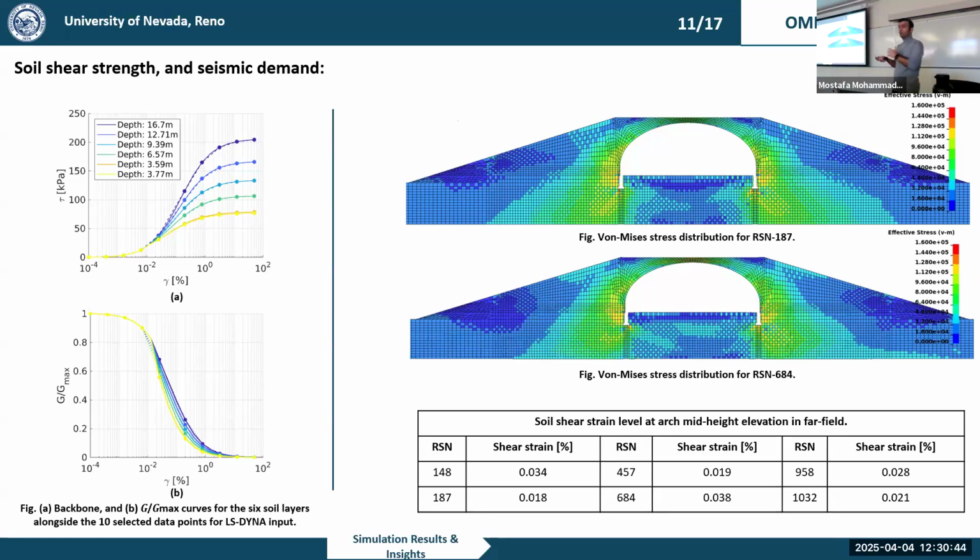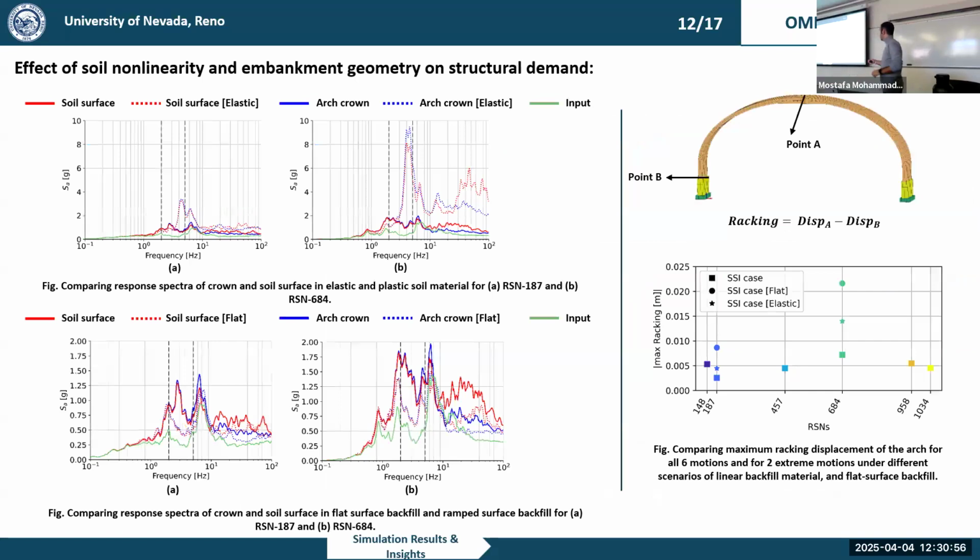So when we don't have any structure, the soil deformation or shear displacement that we have in soil would be around 1.5 millimeters with these values of shear strain. But when we introduce the structure, we will see that it increases up to 5 millimeters, which is kind of significant.